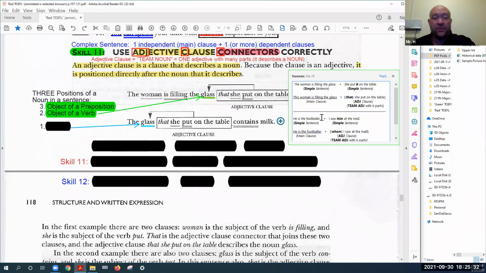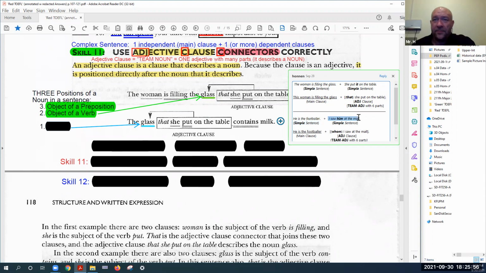Let's do another example here. Khaled, can I use which? Yes, you can. And we'll come to that in a minute, okay? Asil, do you want to read this next sentence? He is the footballer. I saw him. Simple sentence.